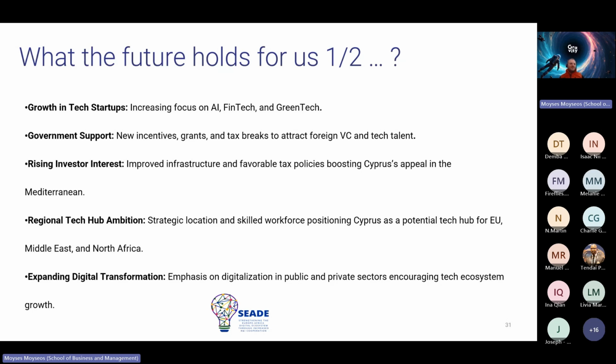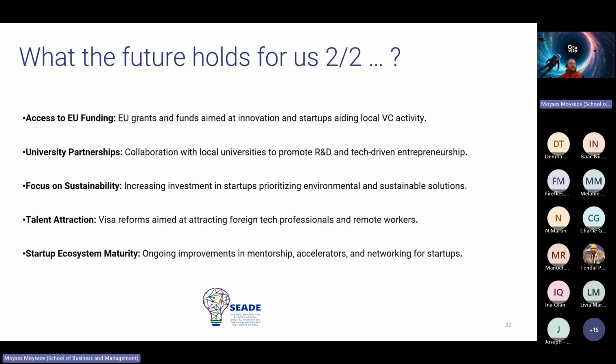And of course, expanding the digital transformation footprint by giving emphasis on digitalization in public and private sectors. So critical for the future, at least at this time, is access to EU funding and any other opportunities as a gateway, let's say, for commercialization.